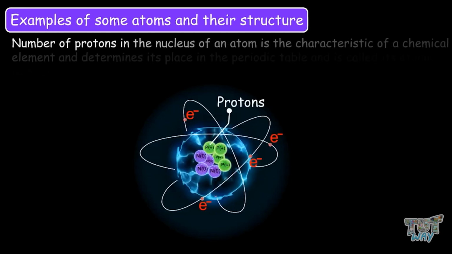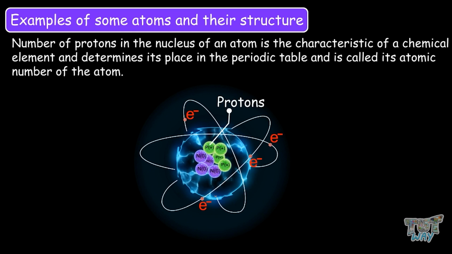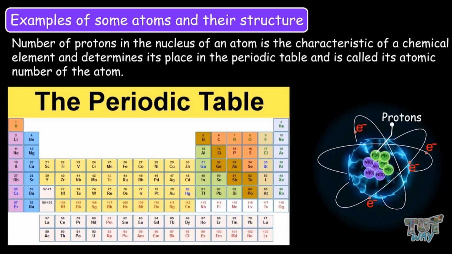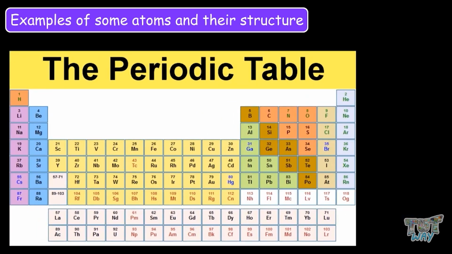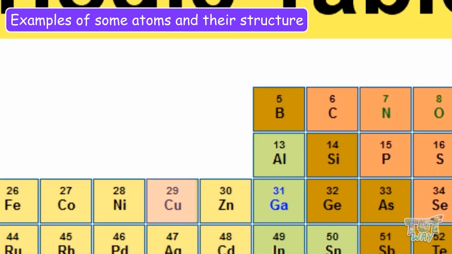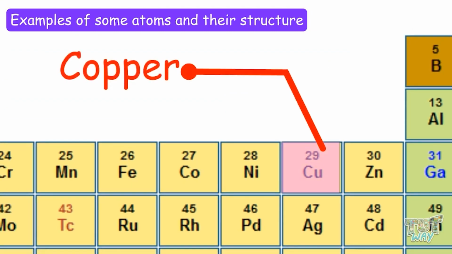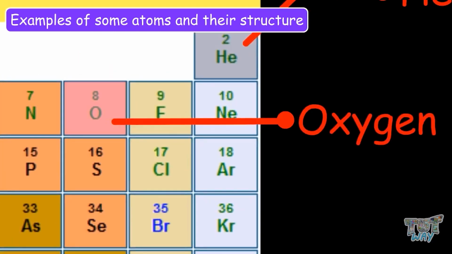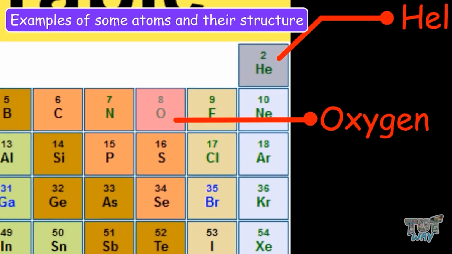The number of protons in the nucleus of an atom is a characteristic of a chemical element and determines its place value in the periodic table, and it is called its atomic number. So, the atomic number of helium is 2. The atomic number of copper is 29. And the atomic number of oxygen is 8.